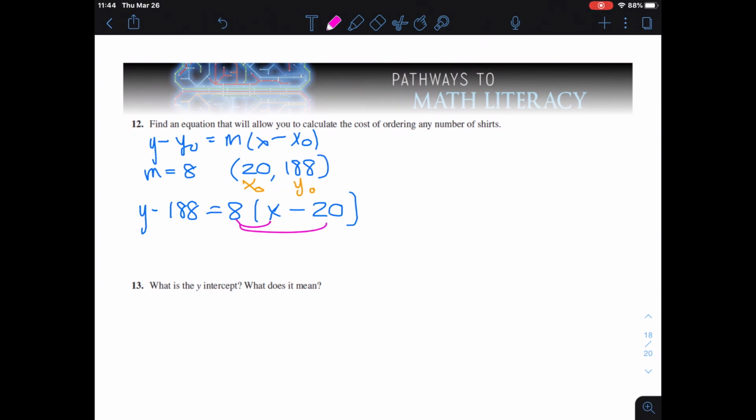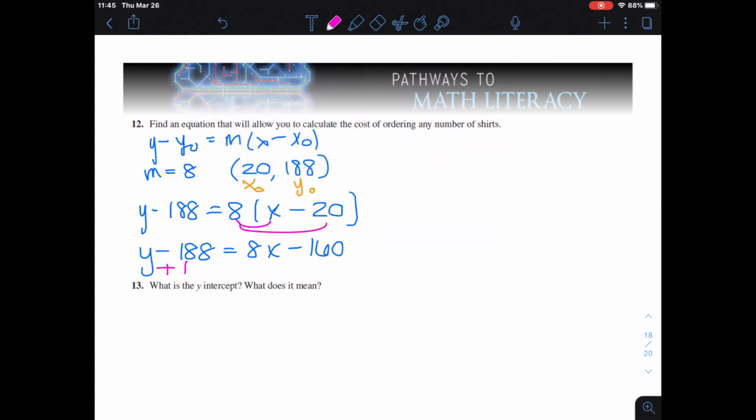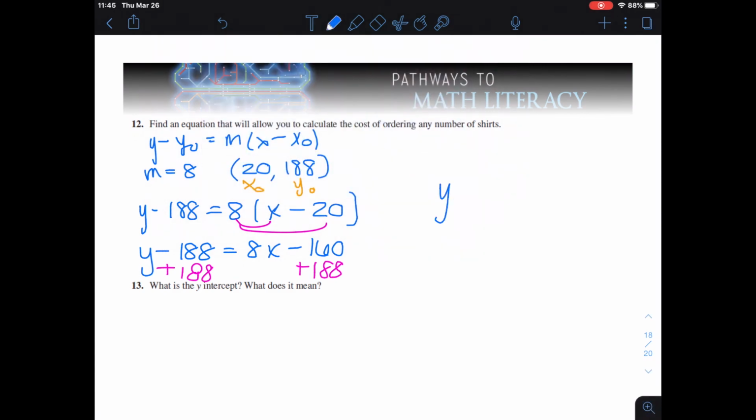To do that, we've got to distribute the 8 out. So we get y minus 188 is equal to 8x minus 160. So go ahead and add 188 to both sides, and that gives us the equation y is equal to 8x plus 28.